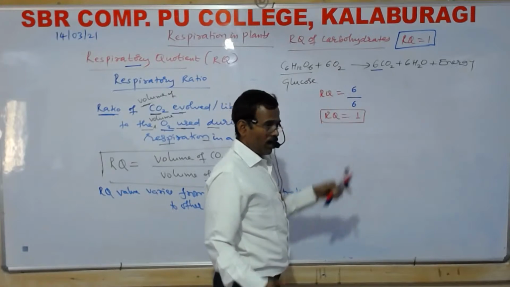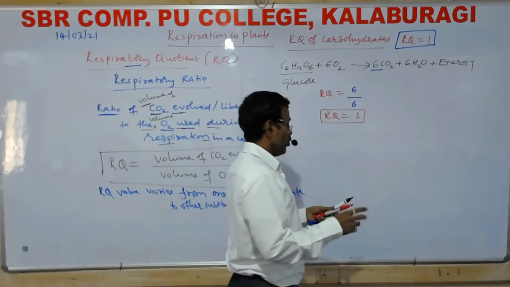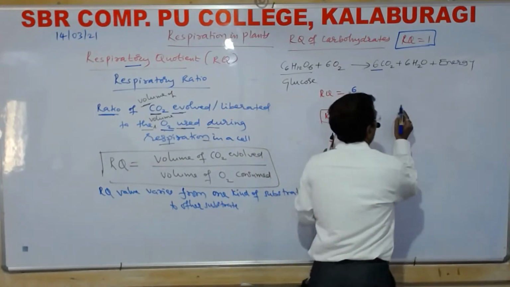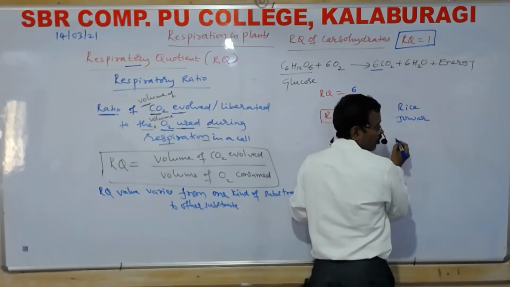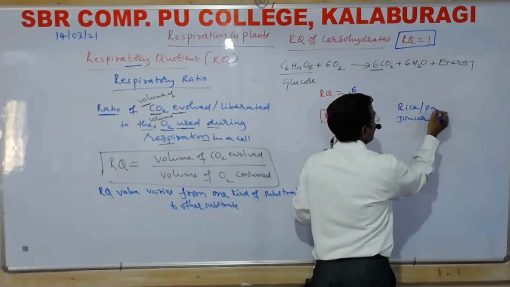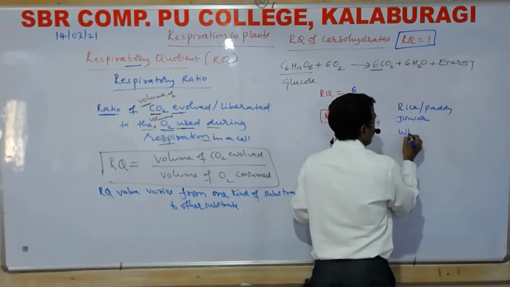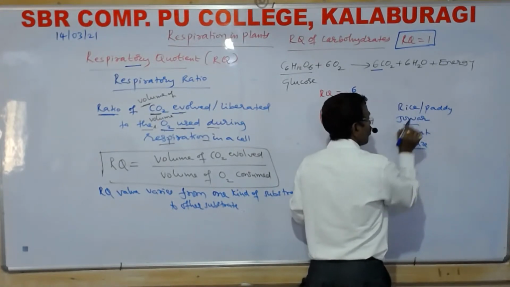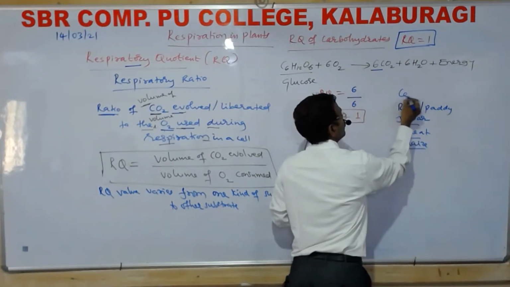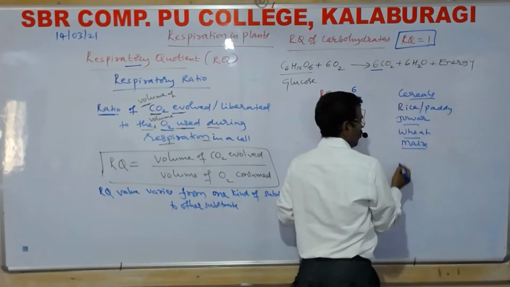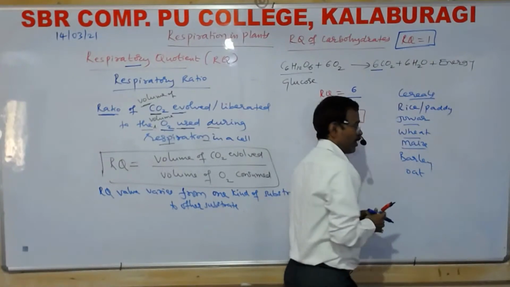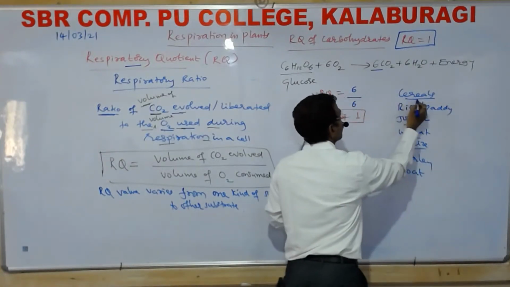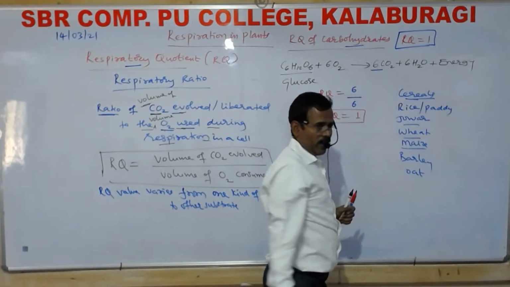Whether it is normal carbohydrate, like rice or paddy, jowar, wheat, maize, barley, oat, these are all cereals. Cereals are rich in carbohydrates.